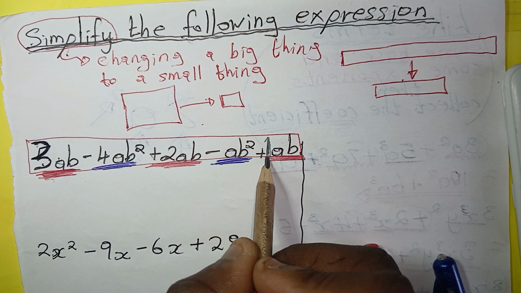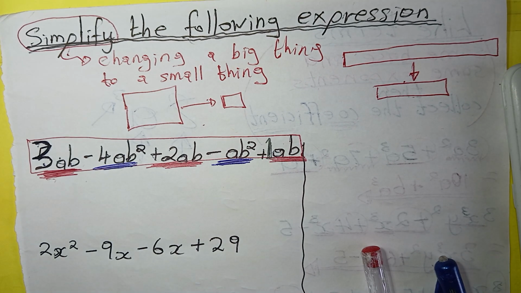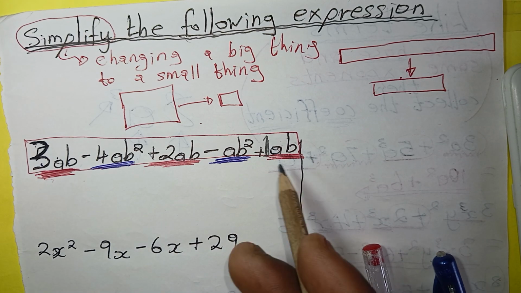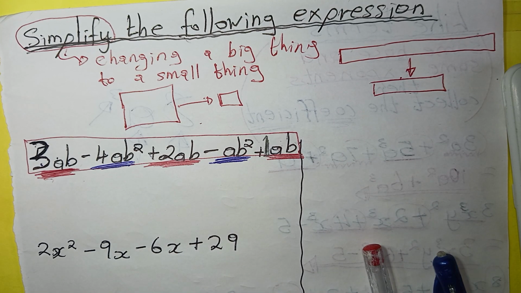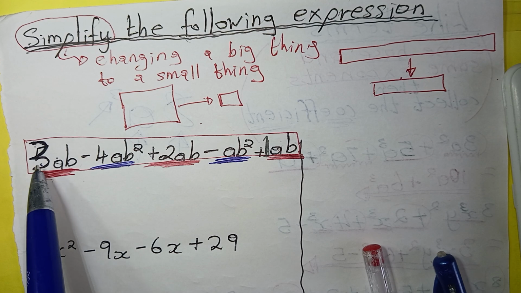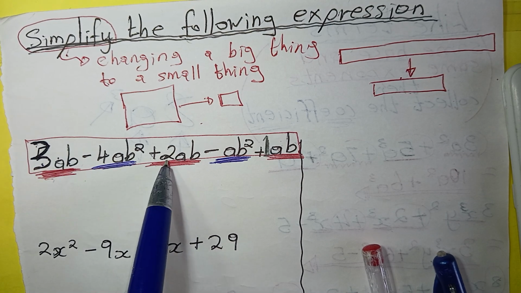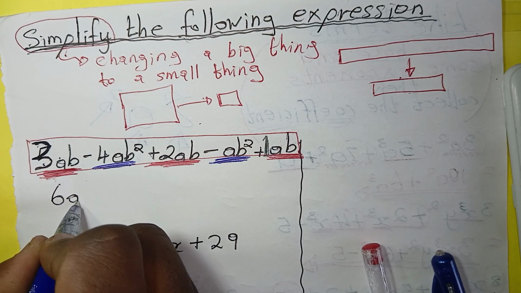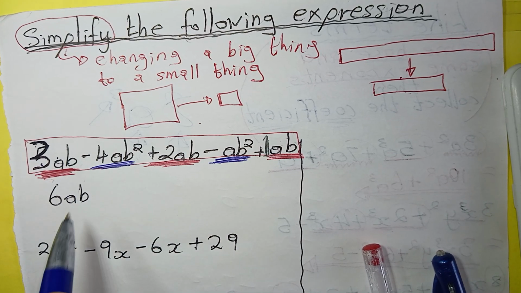If there is no coefficient, you should know that there is 1. And if there is no exponent, there is invisible 1. So when you collect like terms, 2 plus 3 plus 1, this will give you 6ab. Same base and same exponent.